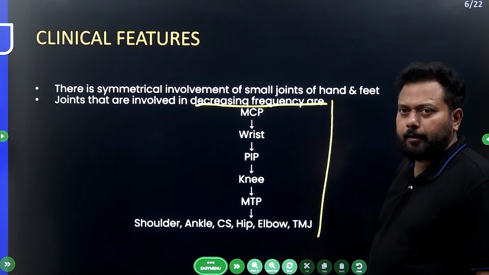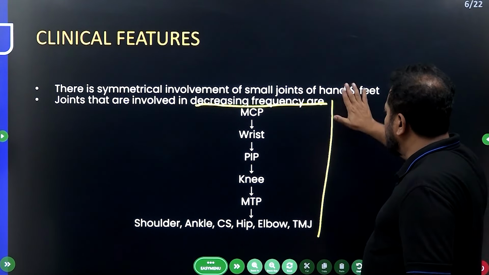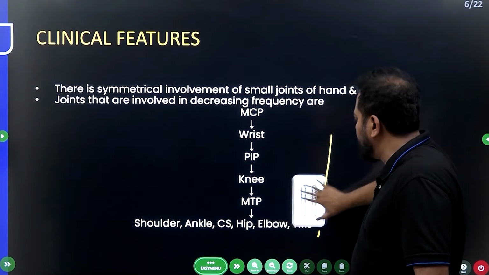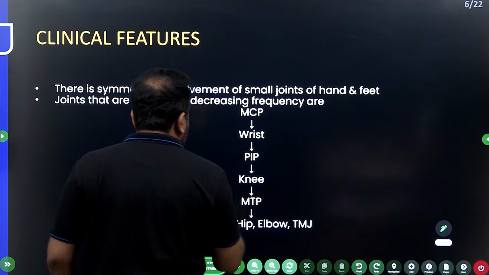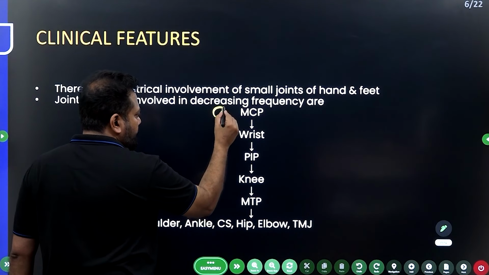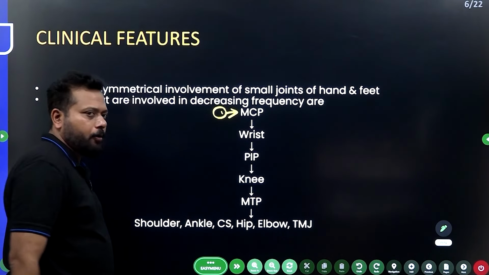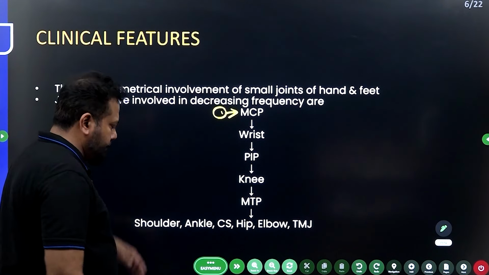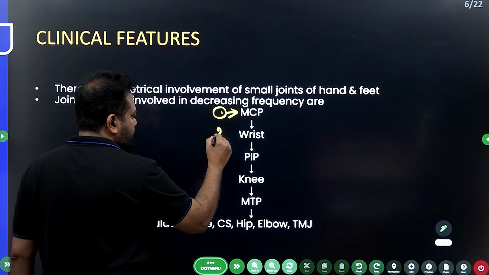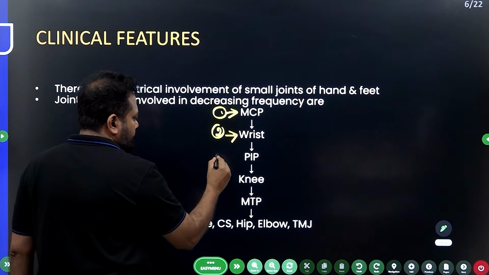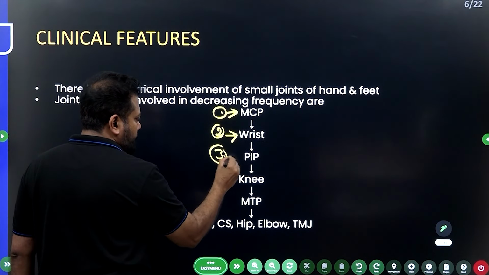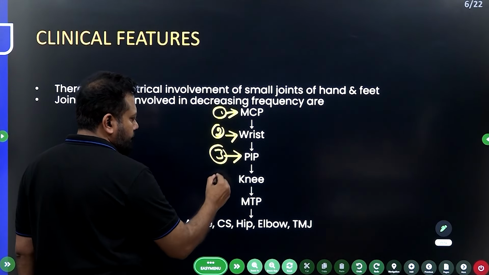The most commonly involved joint in rheumatoid arthritis is the metacarpophalangeal joint. The second joint involved is the wrist joint. The third is the proximal interphalangeal joint.